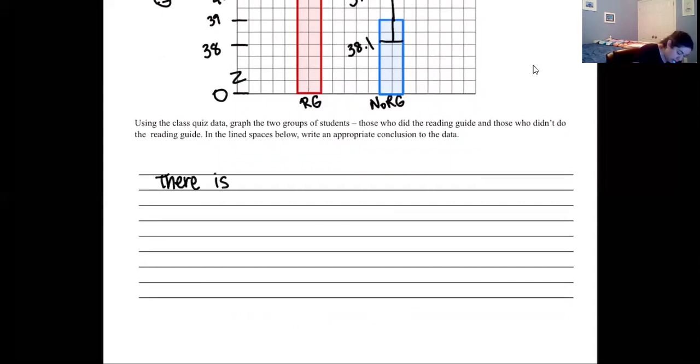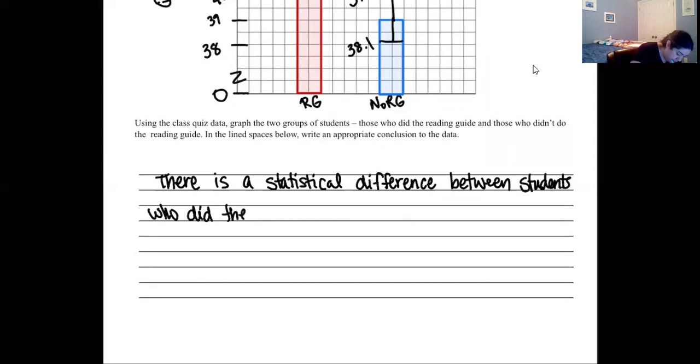There is a statistical difference between students who did the reading guide and those who didn't.